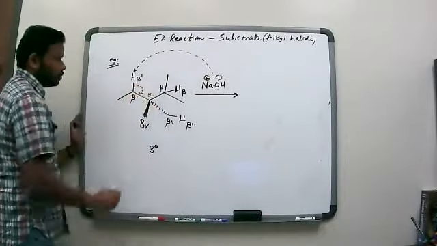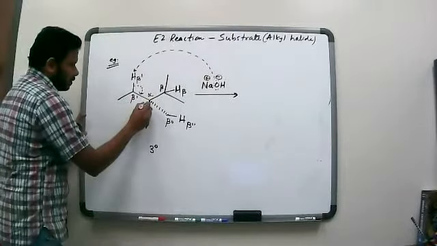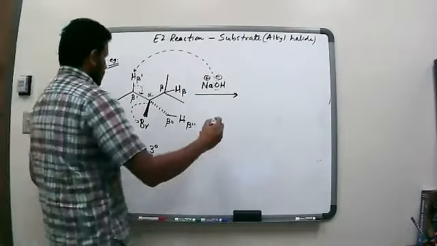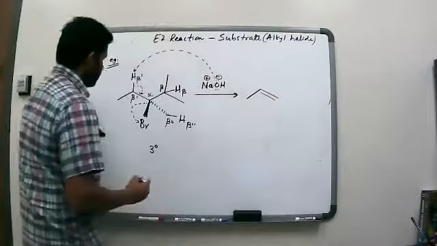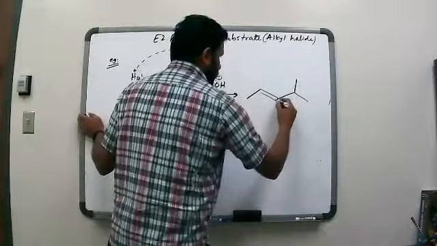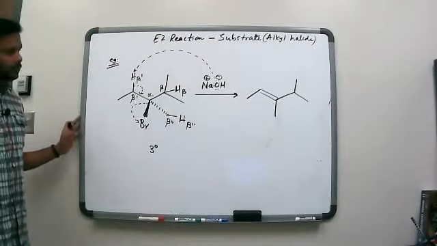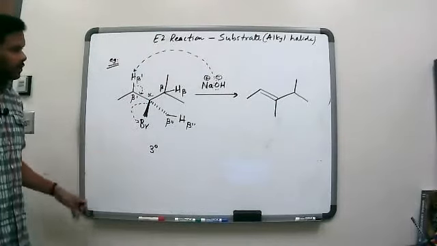Electrons from here would drop, and the Br would get kicked out. And that would give me a product like this. Okay, this is one product.